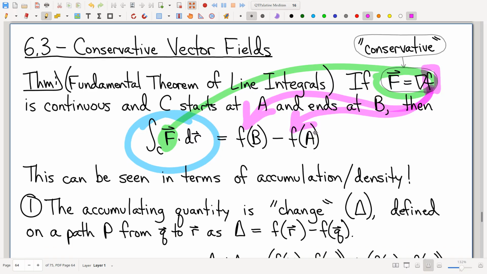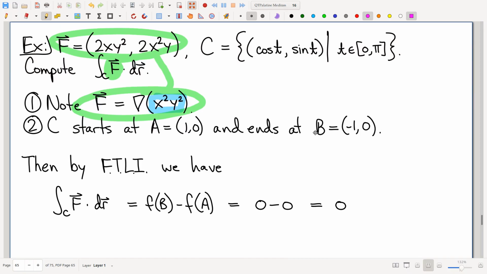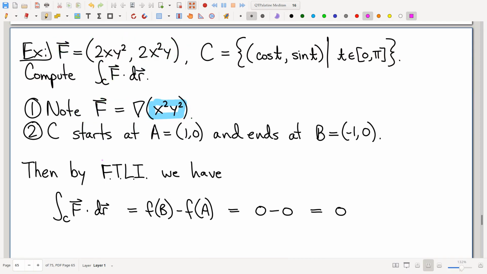So that's what we're going to do. We've got our anti-gradient. Our anti-gradient is that right there. That is our F. And we just plug in the endpoints and subtract. There's nothing to it.